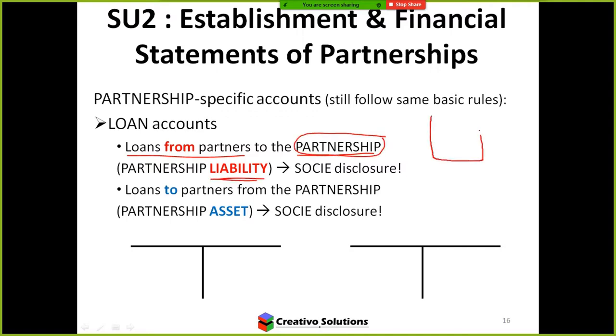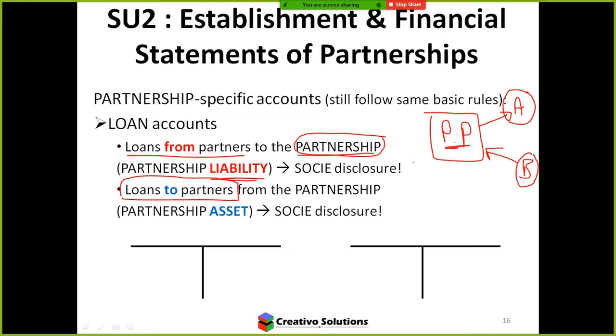Because remember, you've got the partnership here, but the loan was given to A, partner A. So if you've got a partnership loan, if the loan was from the partnership, the partner must pay the partnership. If it's the other way around, if the partner has given the partnership a loan, then you've got a loan from partners. So you're either giving the loan, or you're getting the loan.